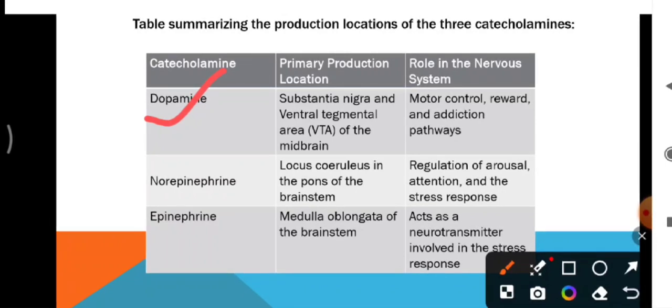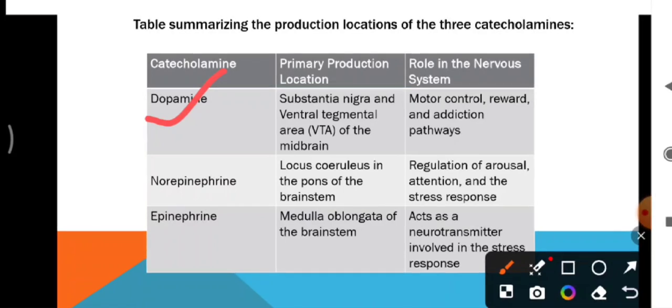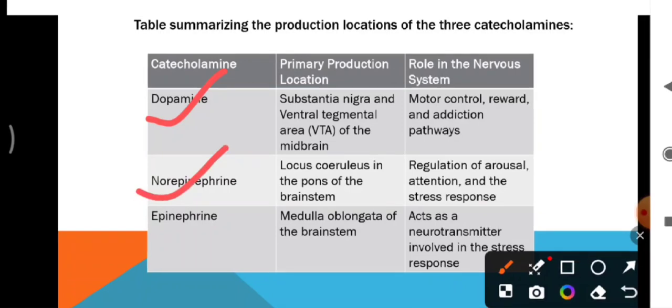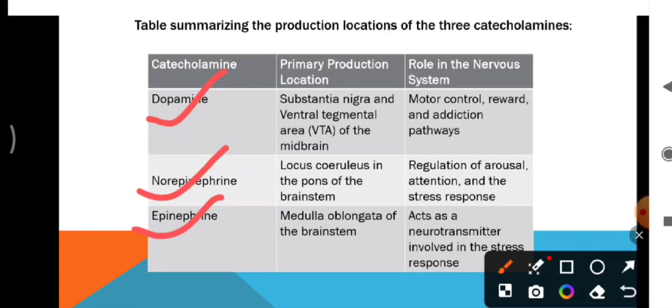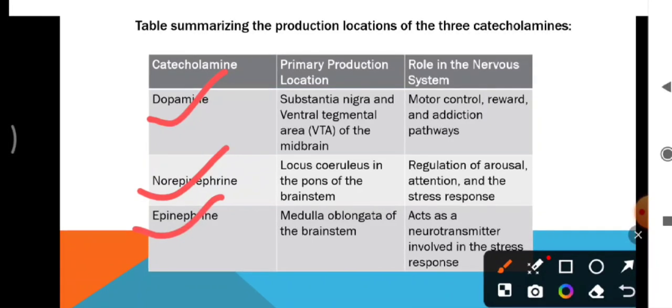The neuromelanin pigmented cell bodies of the locus coeruleus produce norepinephrine, and epinephrine is produced in small amounts in the medulla oblongata of the brainstem.